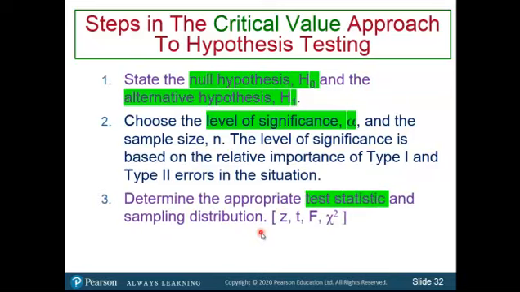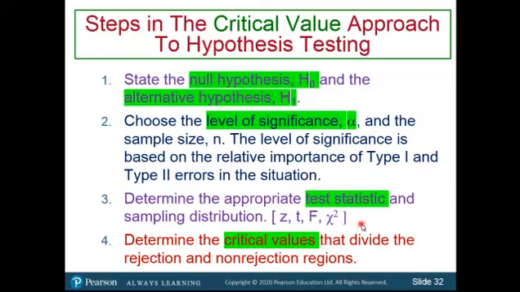Step number 3 is to determine the appropriate test statistic. Then we have actually 4 types of test statistics to choose from. The first is z-test, t-test, f-test, or chi-square test.